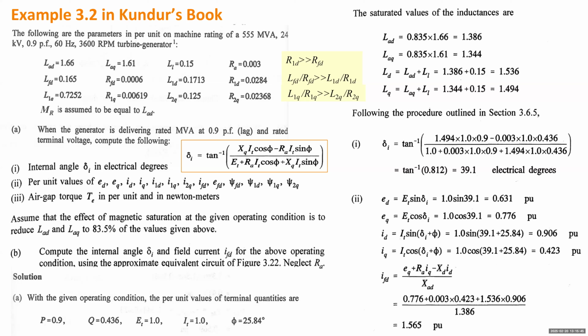The D axis corresponds to the real value, and the Q axis corresponds to the imaginary value. Here sine, cosine, because delta is defined to be the angle in the Q axis. So ET will be leading the EQ, if we go back to that phasor diagram.